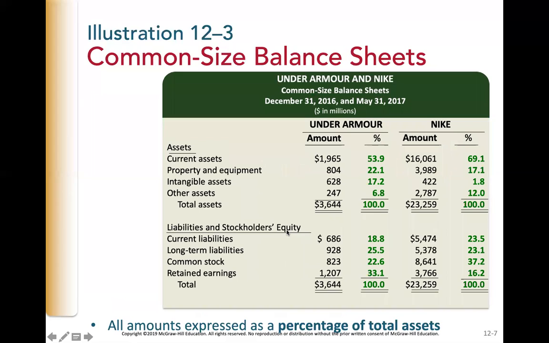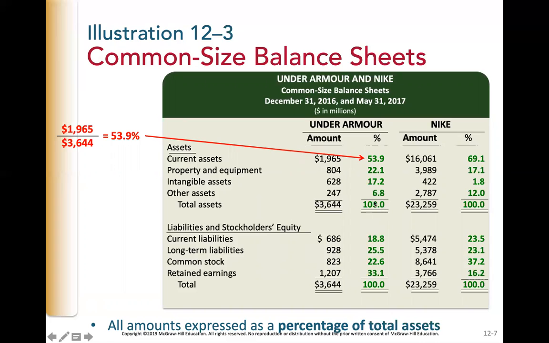On the balance sheet, we'll do the same thing, except we'll divide each balance sheet item by total assets. So for example, current assets as listed is $1,965. Our base is our total assets of $3,644. 1,965 divided by 3,644 gives us 53.9%.